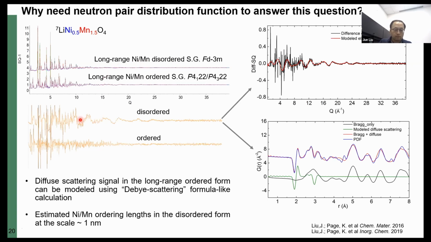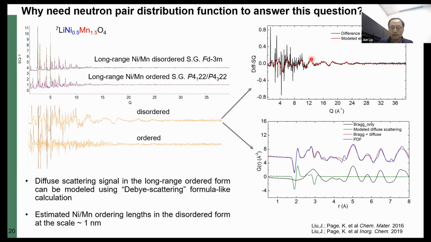We use the average structure model to fit the diffraction data, and you will see in the residue that for the ordered phase there is almost no residual diffuse scattering. But for the disordered phase, you will get a lot of residual diffuse scattering.